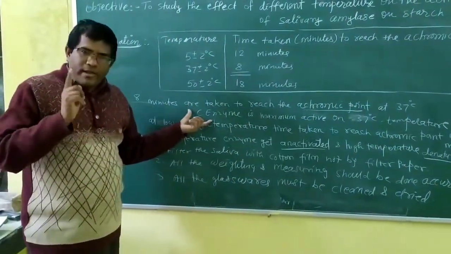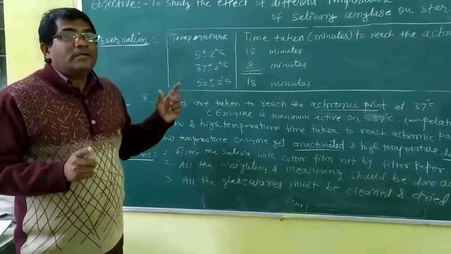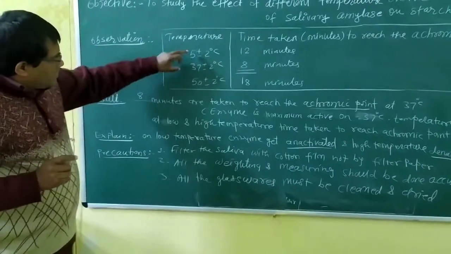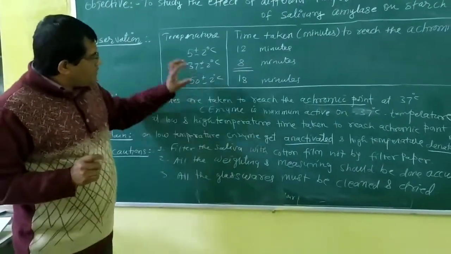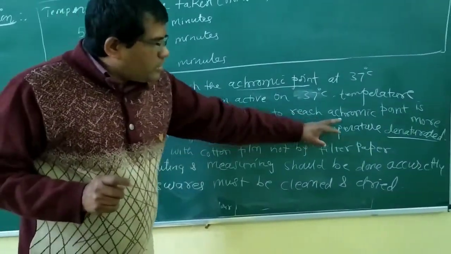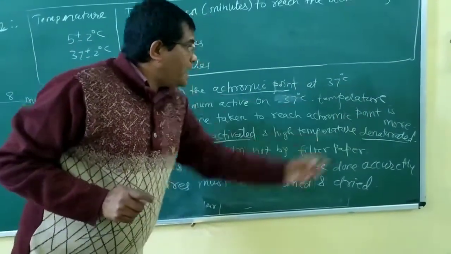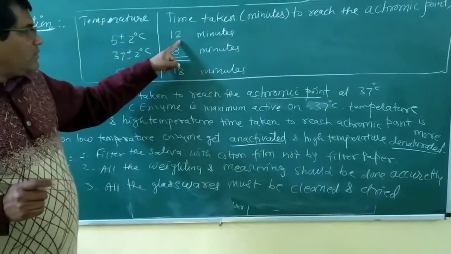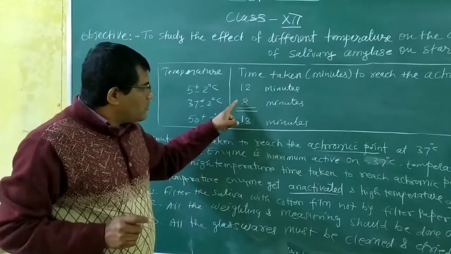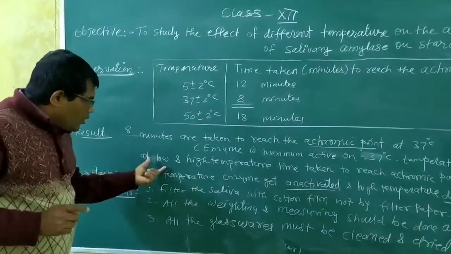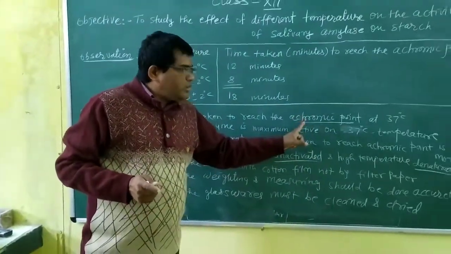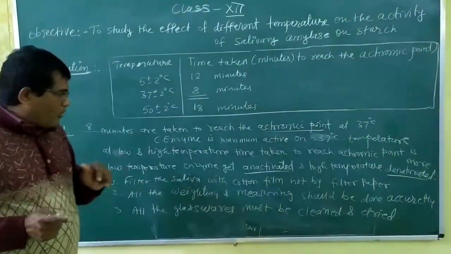Then at low temperature, 5 degree, and high temperature, 50 degree, in these cases the time taken to reach the achromic point is more. As we have 12 minutes, it's more than 8 minutes. And here also we have 18 minutes, more than 8 minutes. So at low temperature and high temperature, the time taken to reach the achromic point is more.